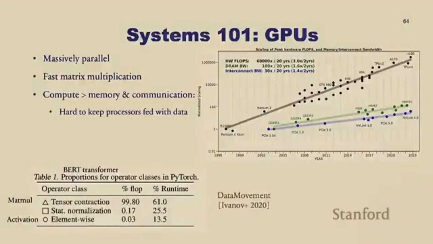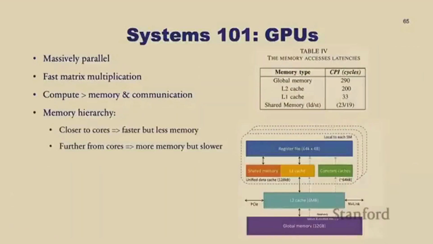So right now, the data that you send to GPUs is hard to keep up with the processing. Most of your GPUs are going to be idle if you just run normal code and don't optimize it, and this will continue over time.